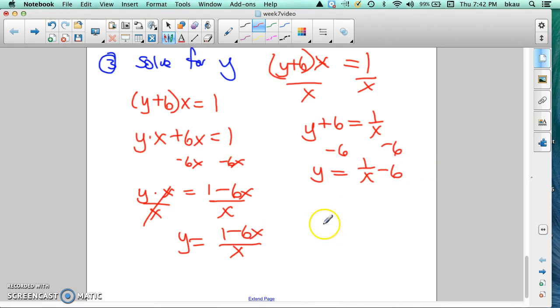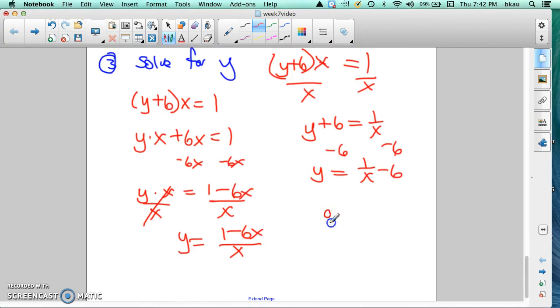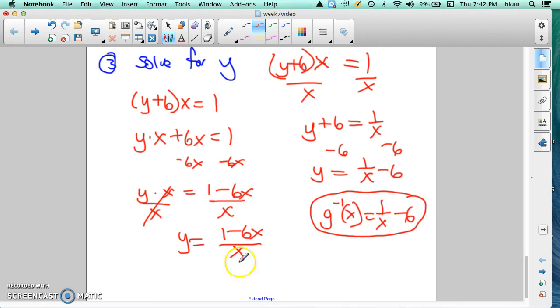Let's look at our function up here. Our g inverse can either be 1 over x minus 6, or it could be 1 minus 6x over x.